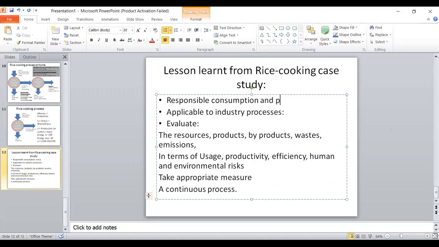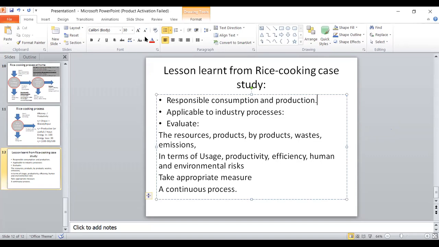And production. That is very important. Of course, when it comes to production, if the production supply is based on demand, it means demand driven. Later we will learn about this. Demand driven production is very important.